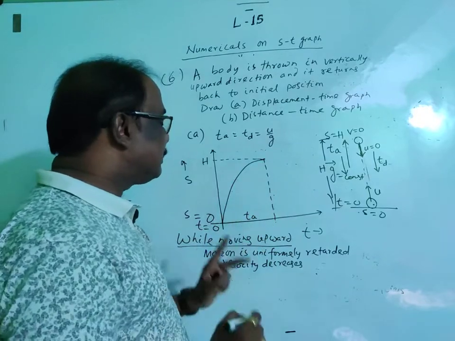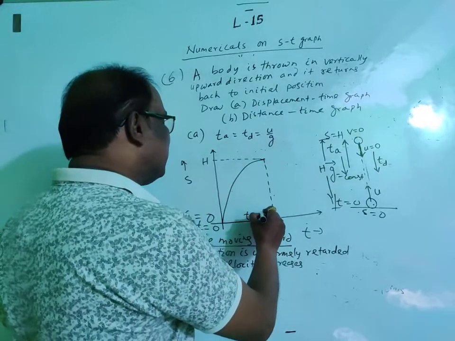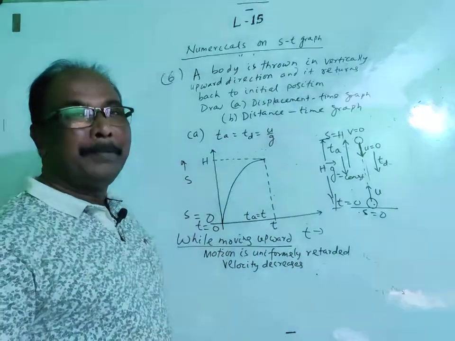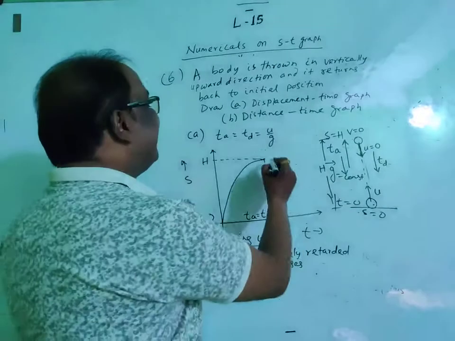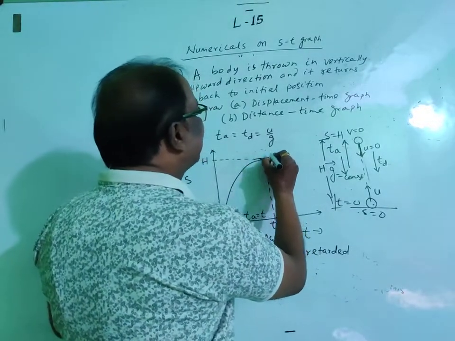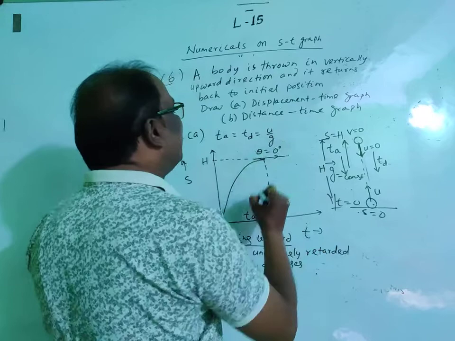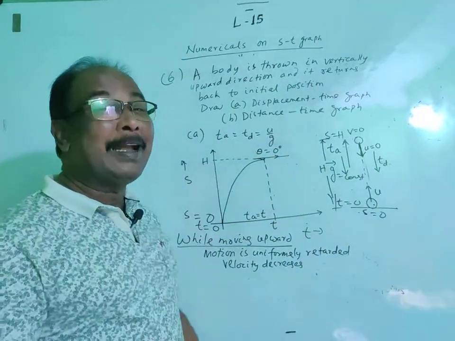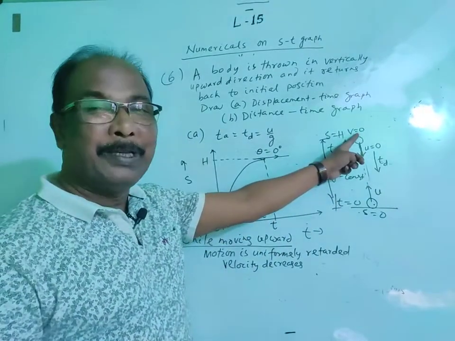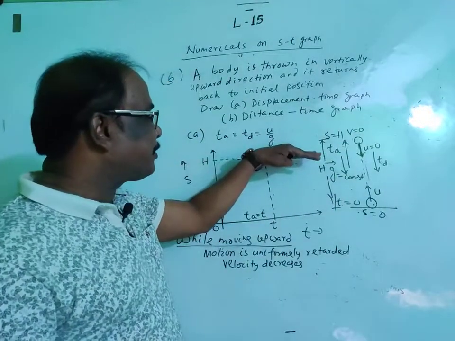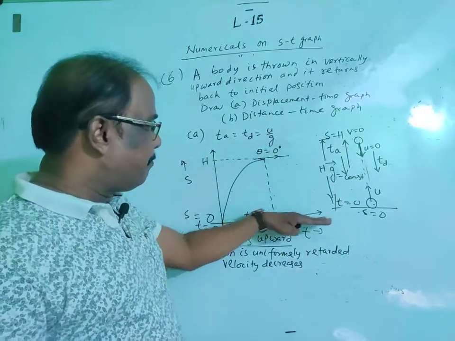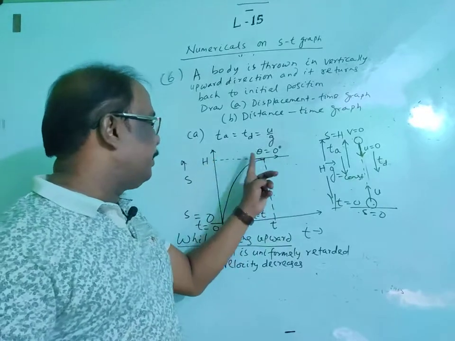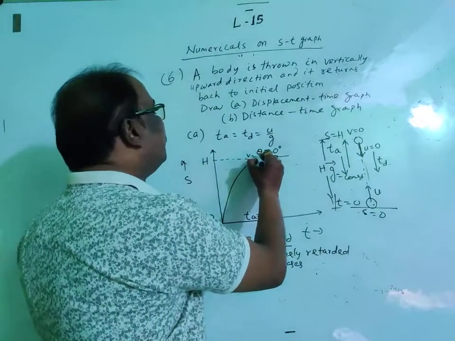Suppose time of ascent is t, so this time is t from 0 to t. And here if you draw a tangent, then slope is 0. Theta is 0 degrees, meaning parallel to the time axis. So at the highest point velocity is 0 and the tangent is a straight line parallel to the time axis, so slope is 0, which shows at the highest point velocity is 0.